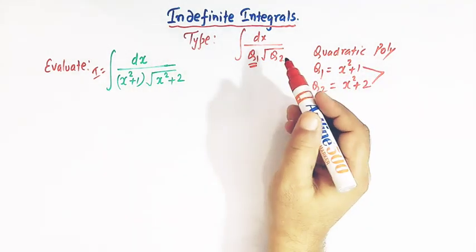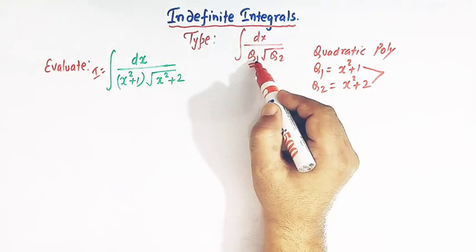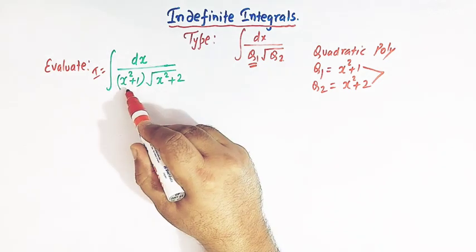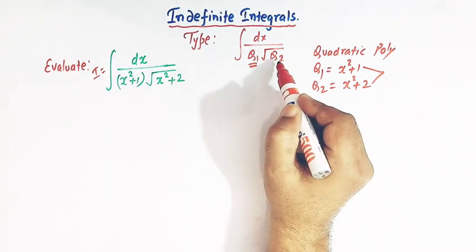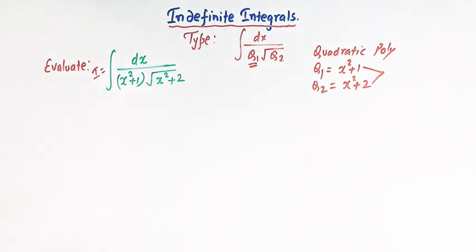So whenever we encounter an integrand of this form, where q1 is a quadratic polynomial and q2 is another quadratic polynomial, then we can see how we can integrate functions of this kind.